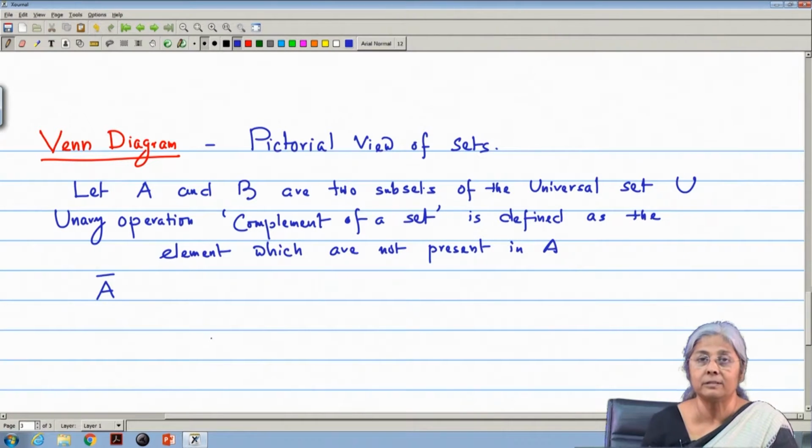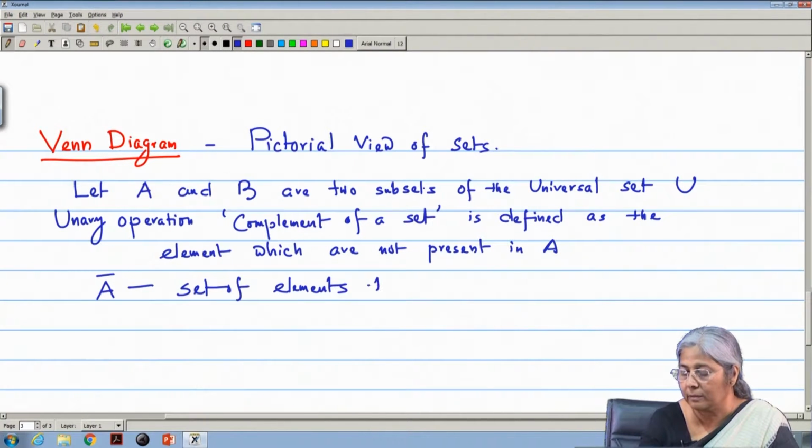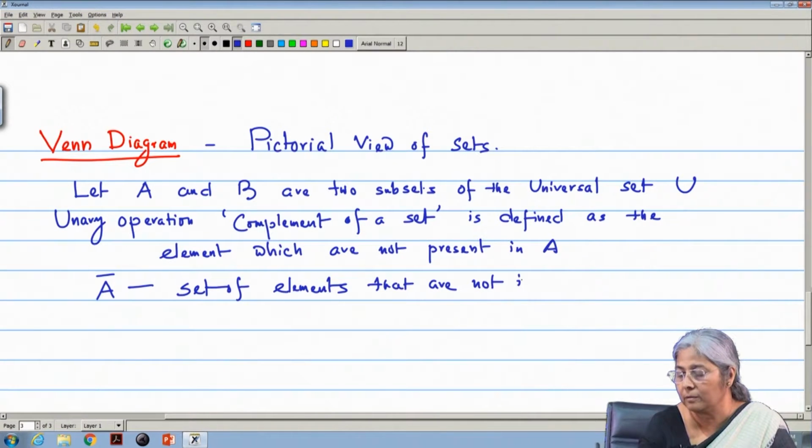So, A complement is the set of elements that are not in A.